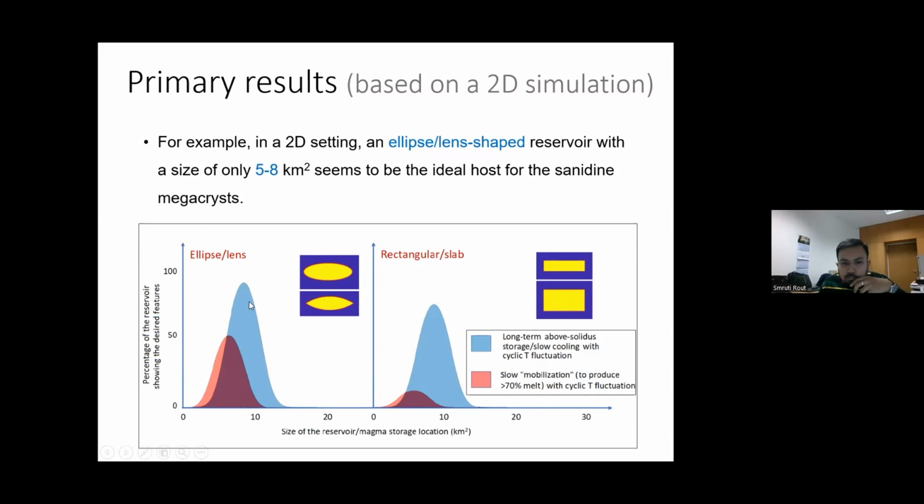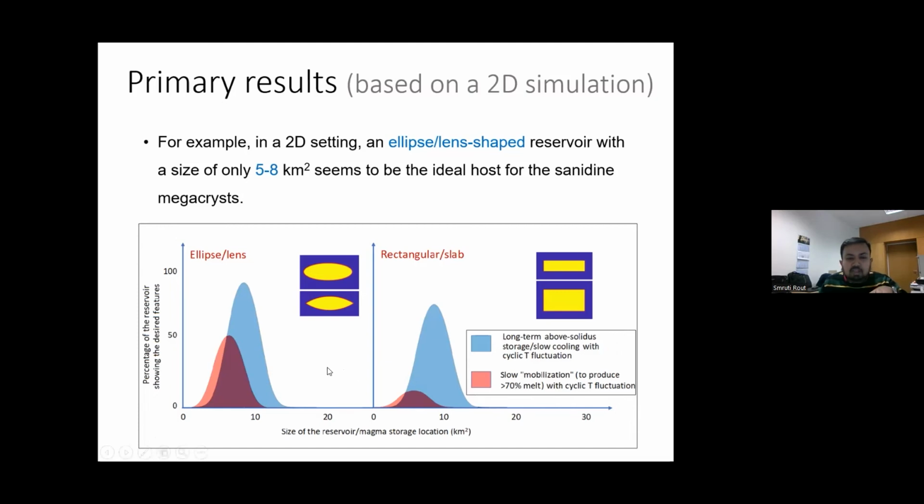The blue plot here represents where we see the long-term above solidus storage with the cyclic temperature fluctuations, and the red plot is where we see the slow mobilization of the system again with the cyclic temperature fluctuations.